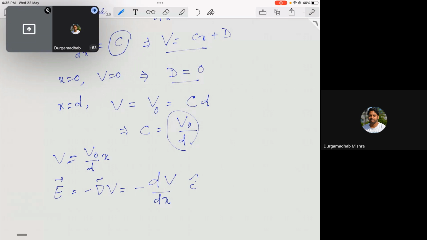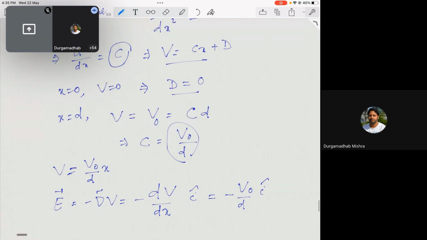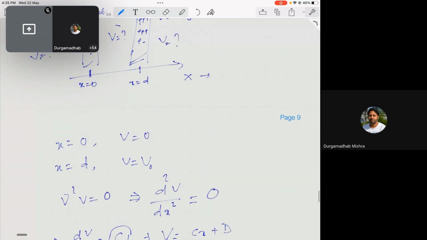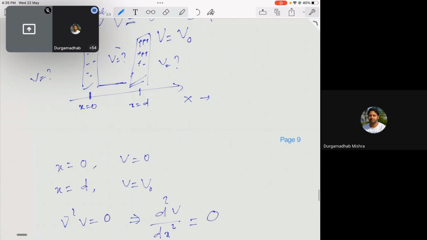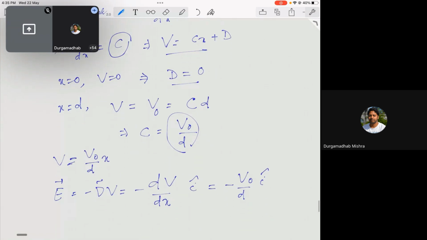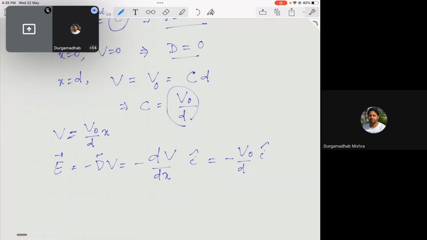If I take the derivative of V, I simply have minus V0 by d i cap. This is the electric field between these two plates.